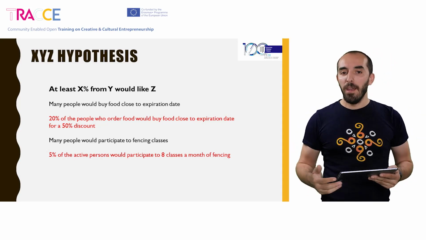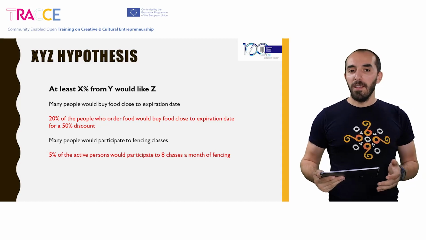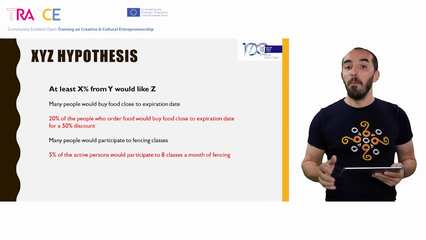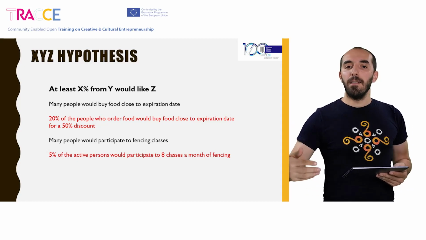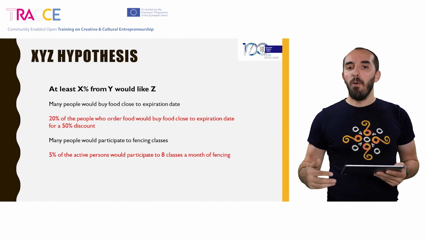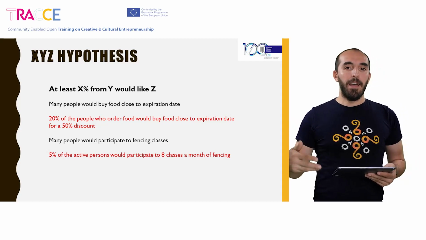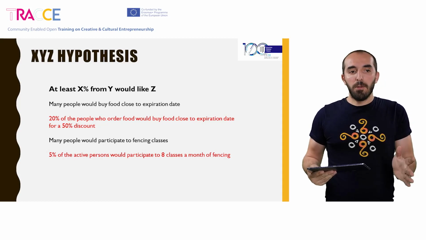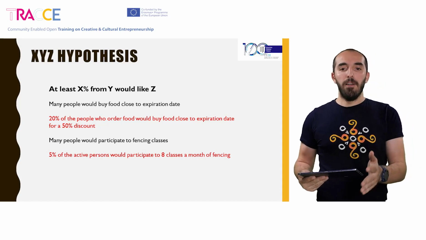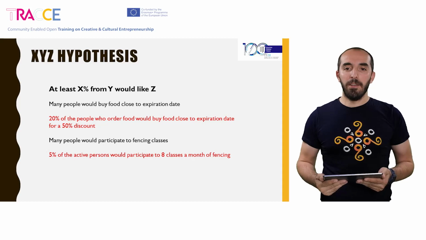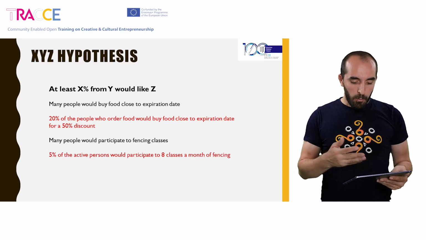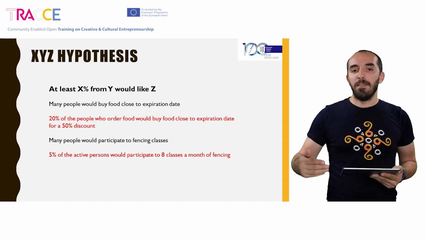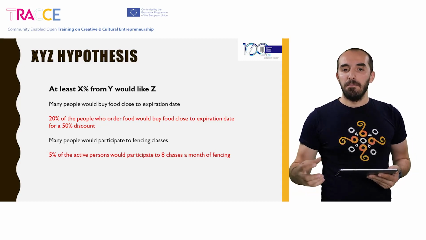And in this way, we can start to see if a product appears based on real needs, real desire of the people. Because it's true that restaurants have a problem with food close to expiration date, but if nobody would buy food close to expiration date, we cannot start to think of the product here.